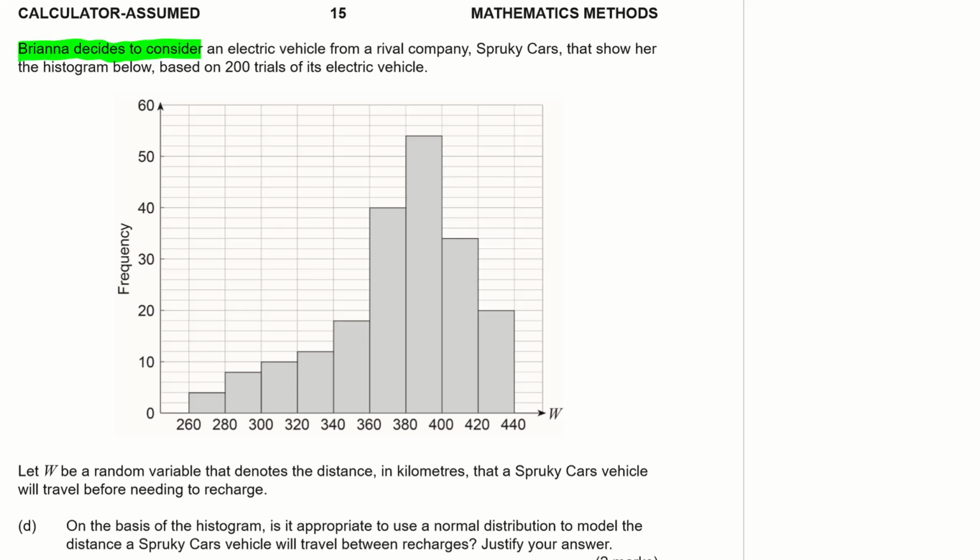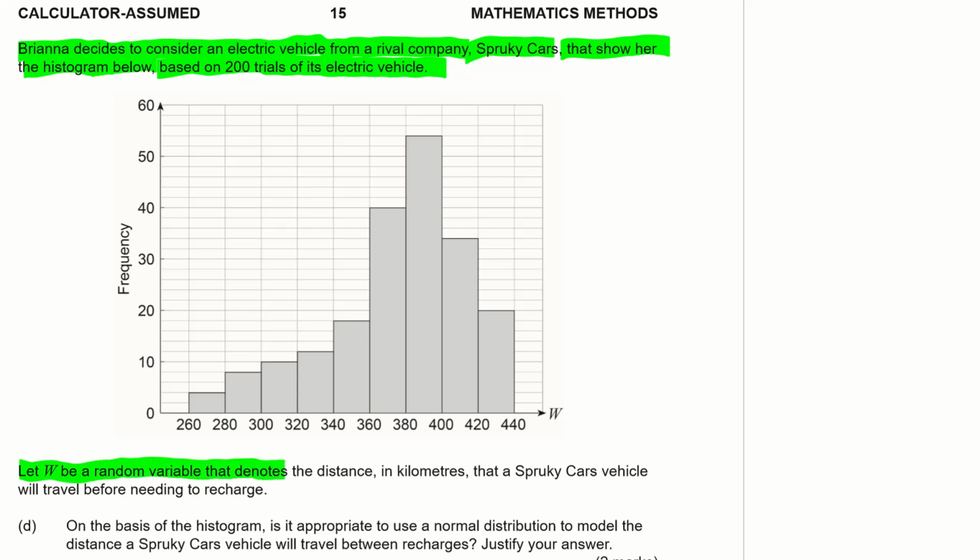Brianna decides to consider an electric vehicle from a rival company, Spruky Cars, that show her the histogram below based on 200 trials of its electric vehicle. Let W be a random variable that denotes the distance in kilometers that a Spruky Cars vehicle would travel before needing to recharge.